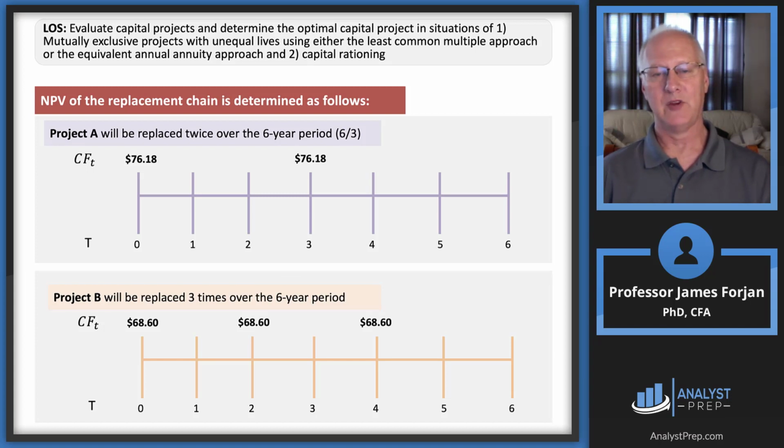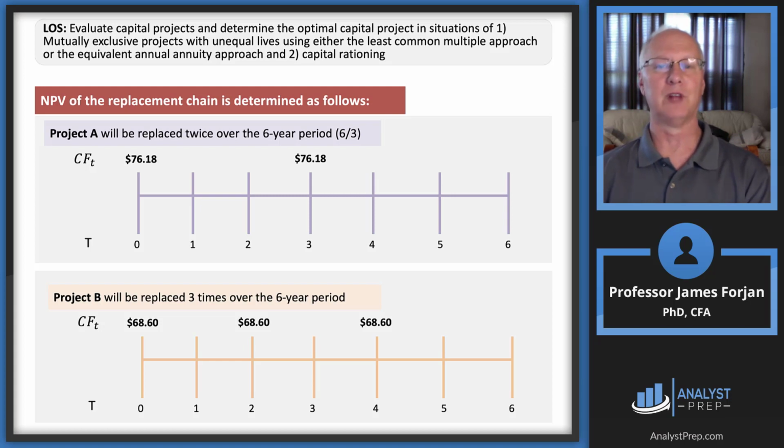Now, the implication here is that we're going to have to find the common life. And so if we have a 3-year project, we can duplicate that 3-year project at the end of 3 years to turn it into a 6-year project. If we have a 2-year project, we can duplicate that project at the end of year 2 and at the end of year 4 to have a 6-year project.